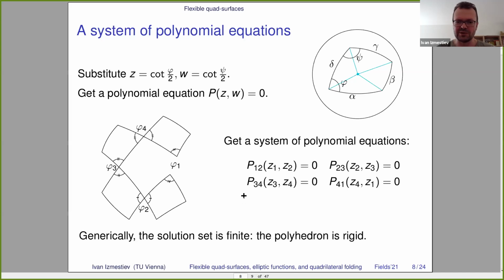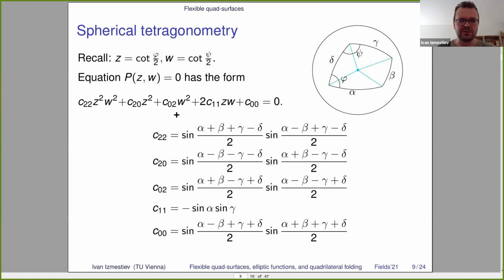So we must characterize all those configurations when the system has a lot of solutions. Now, of course, it's interesting what exactly these polynomials look like. And they look like as follows. Again, z and w are cotangents of half angles.